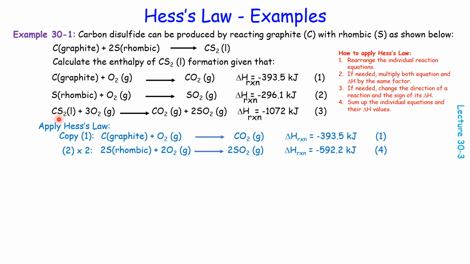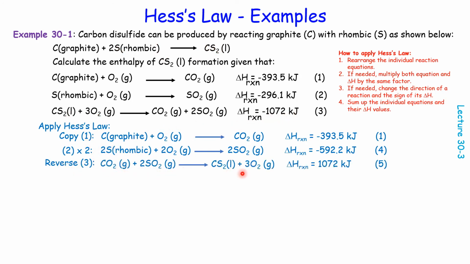Let's take a look at equation 3 then. Equation 3 has carbon disulfide on the left-hand side, but in the desired or overall reaction it is on the right-hand side. So we know we need to reverse this reaction. Okay, so we just simply reverse reaction 3.